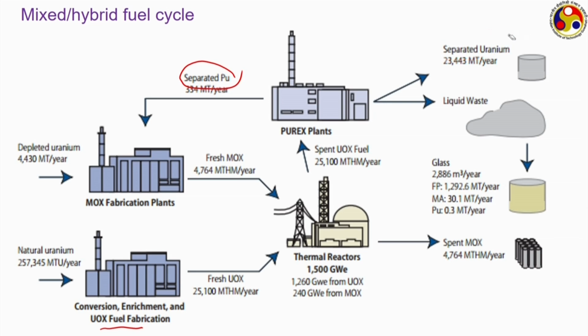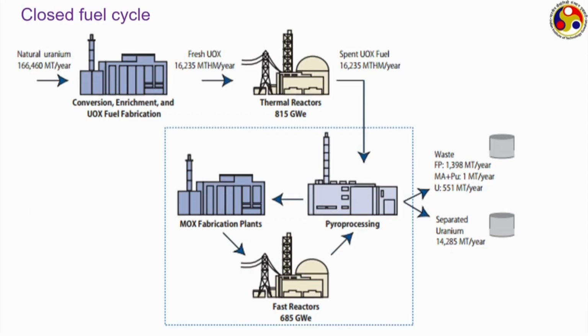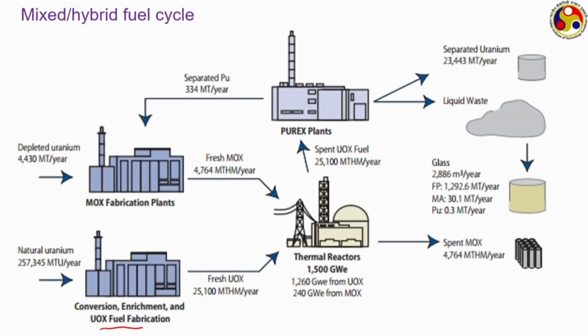So, we can have three different kinds of fuel cycle. One is the open or once through cycle, where the raw uranium taken from the mine is converted to uranium oxide, and that is used, and once the energy has been harnessed from that, it is directly disposed as the waste. In case of the second one, which is the closed cycle or the cycle which is based upon the MOX, it can have both thermal and fast reactor components.